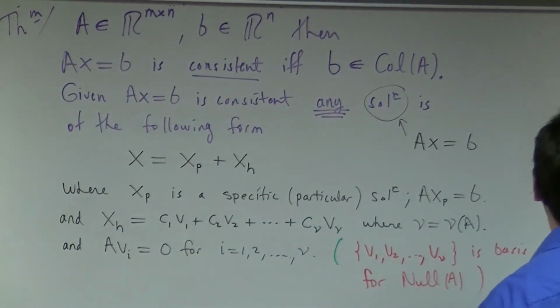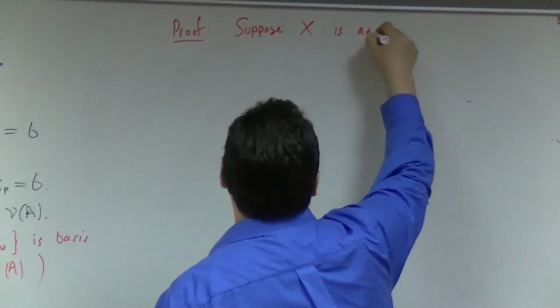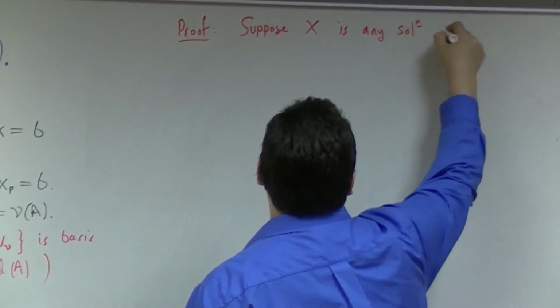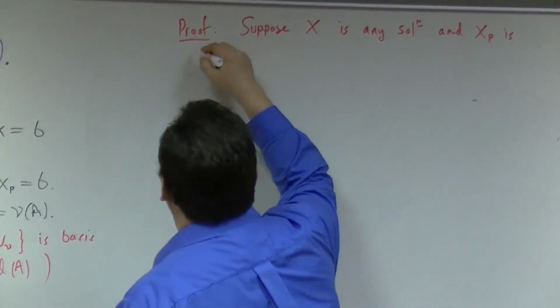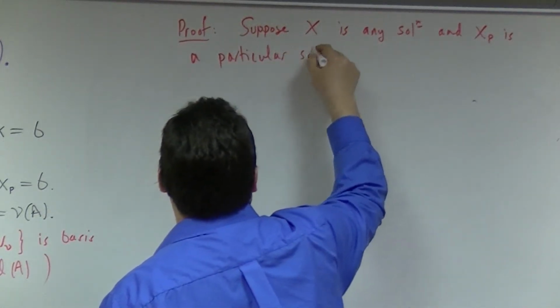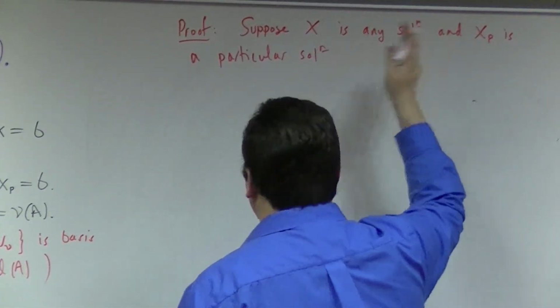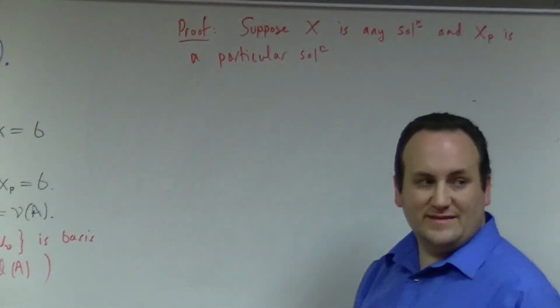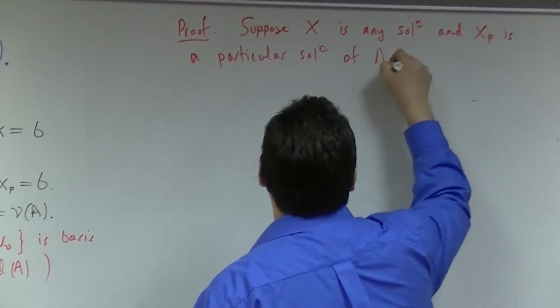So suppose you had two solutions. x is any solution, and xp is a particular solution, which doesn't have any significance except to say I have two possibly distinct solutions to the equation Ax equals b.